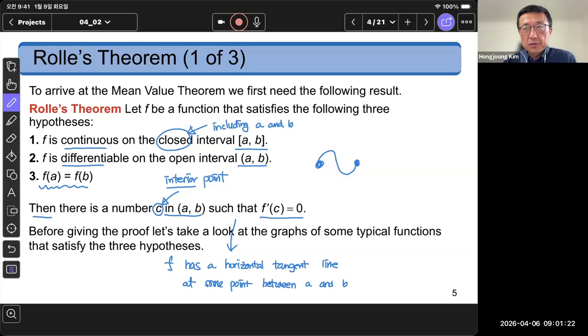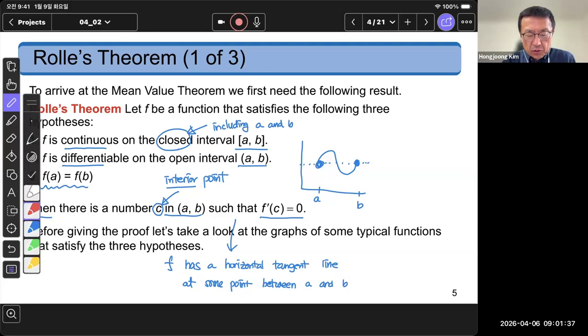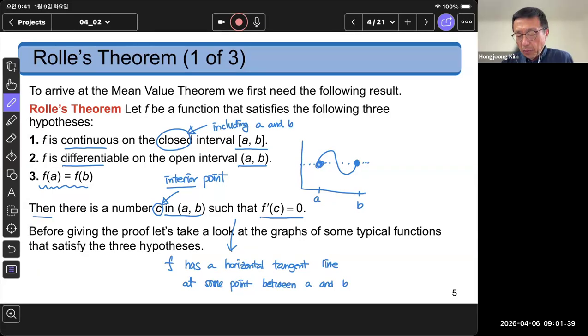So if that's the situation, you have this smooth curve and f of a and f of b are the same. In that case, we can always find a point like this or this where the tangent line is horizontal, like this, right?